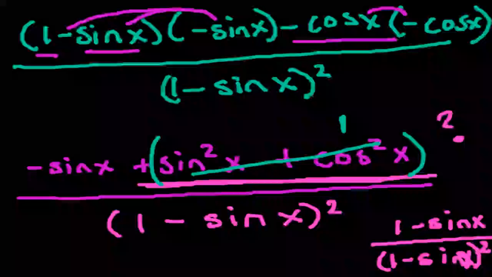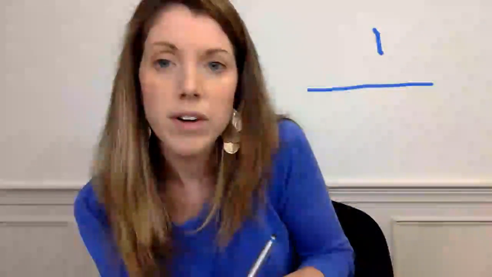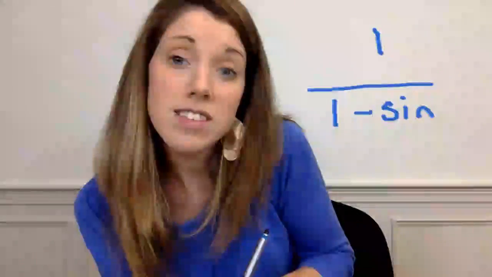Well, we can cancel that. Basically, that means we have 1 minus sine x at the top, and we have 2 factors of 1 minus sine of x on the bottom. So we can cancel the one on the top and one of the ones on the bottom. And the answer ends up being just 1 over 1 minus sine of x. That's it.